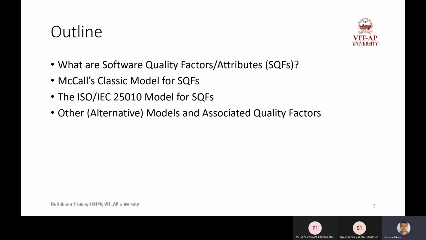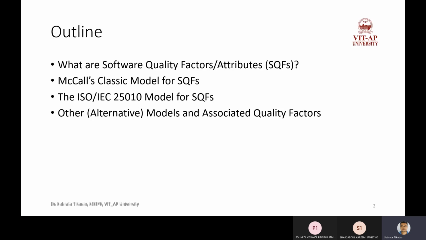So this is the outline of today's lecture. First we will know what the software quality factors are. Then we will learn a very basic but very important model for software quality factors that is proposed by McCall, which is called the classic model for software quality factors.